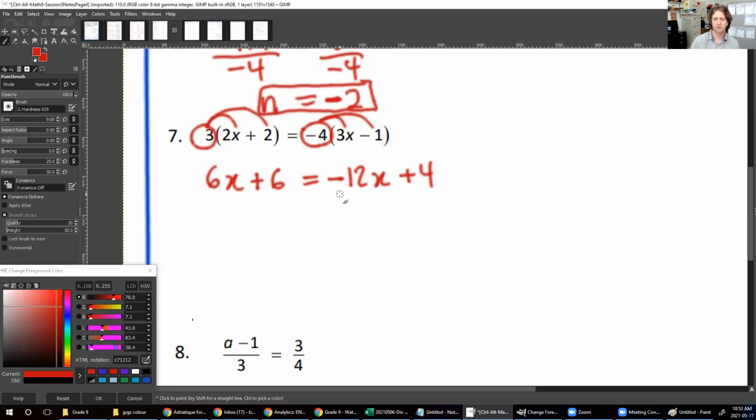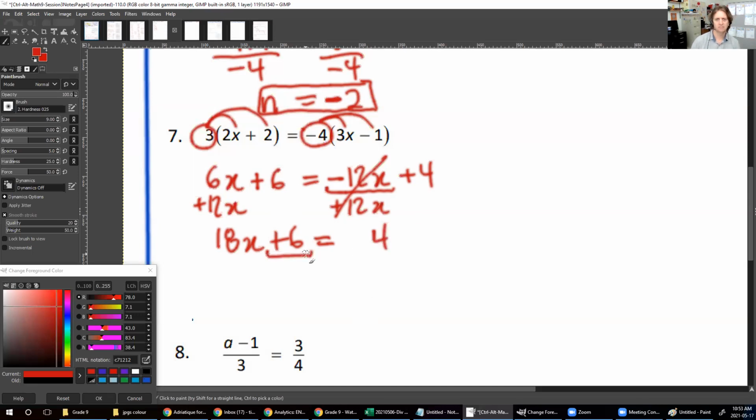It doesn't really matter. You can deal with the numbers first and the x's next, but I want to get rid of the minus 12 x's, so I'm going to add 12 x's to both sides. So I have 18x. The plus 6 is still on this side, and it won't be for long. This is going to be canceled to 0, and I just have 4 on this side.